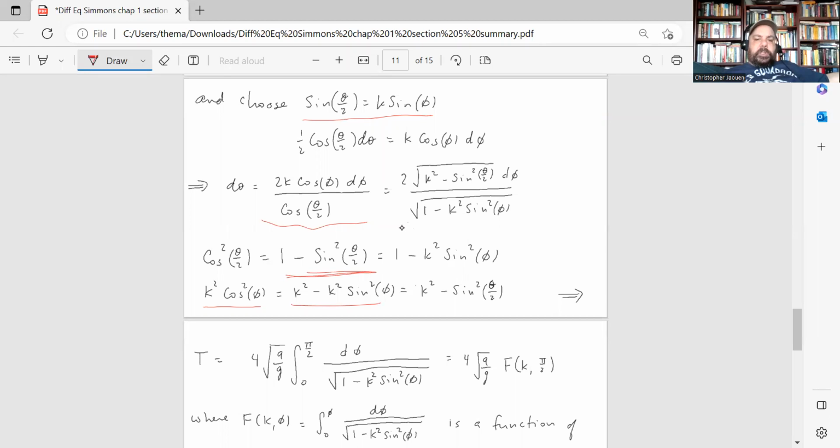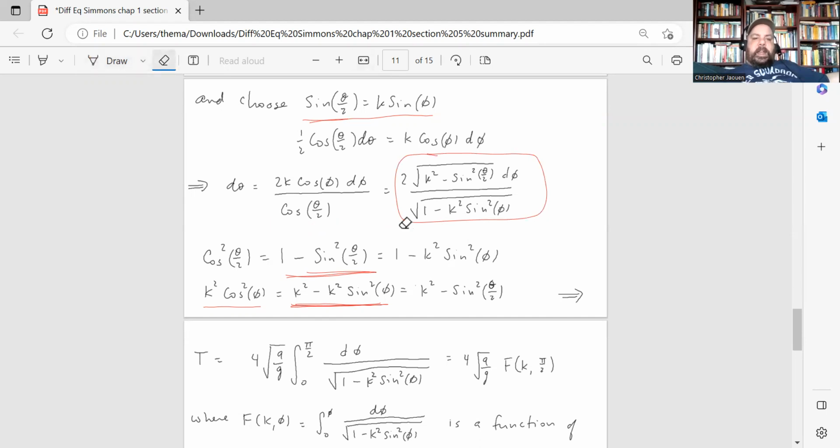These two identities are just the Pythagorean identity, right? Hopefully that's clear. And then, again, using the substitution, we get that that's equal to k squared minus sine squared theta over 2. And then you can take the square roots and plug it into the differential here, and you get this expression.